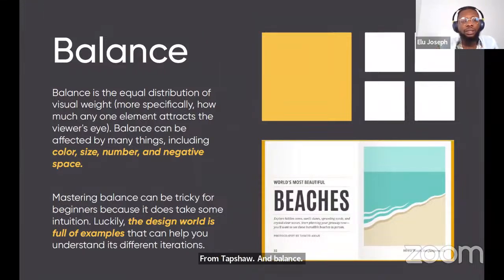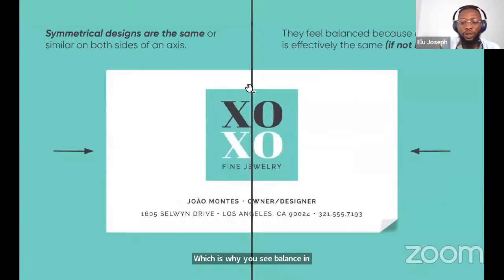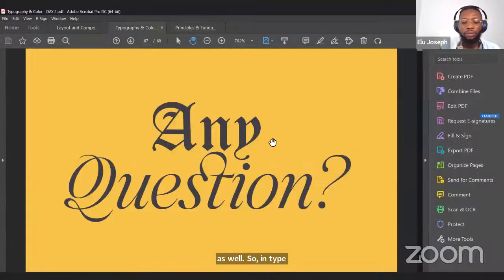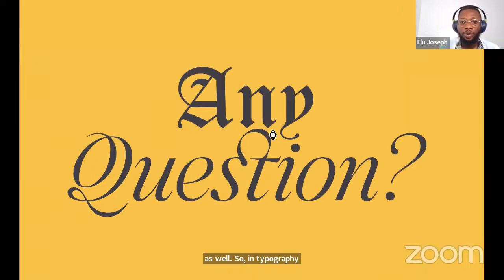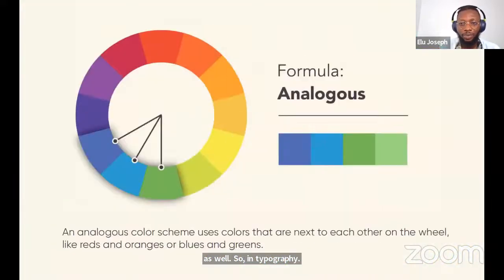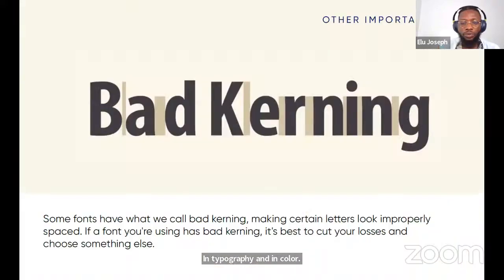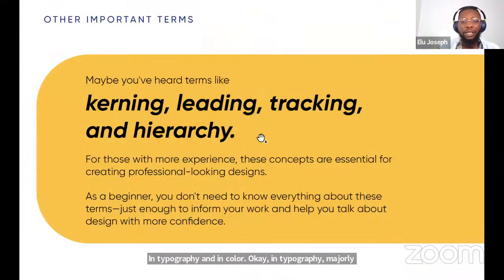So I also said some words or some principles can reoccur, which is why you see balance in principles and balance here as well. So it can reoccur in typography and in color. Okay, in typography majorly, what reoccurred was hierarchy.